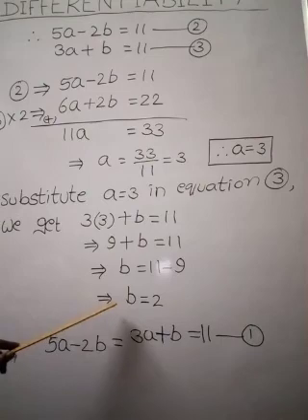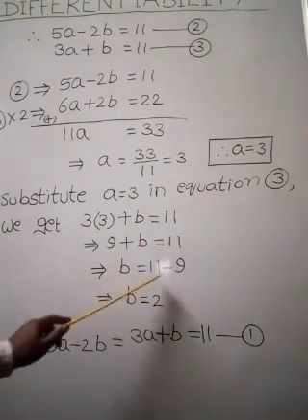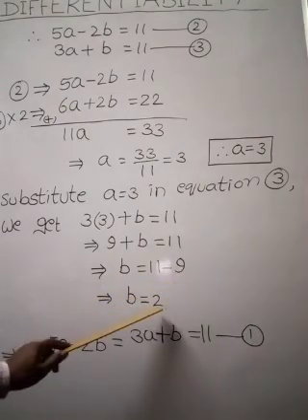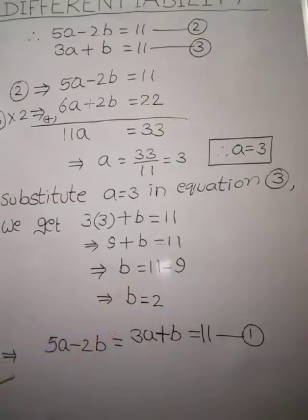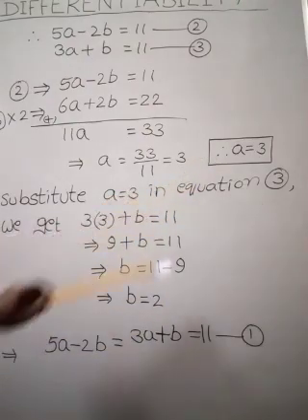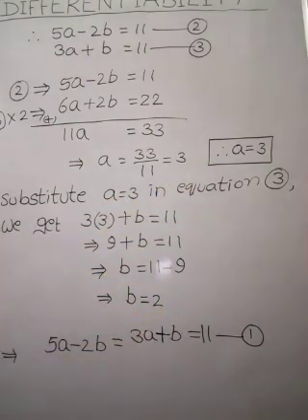Okay, my dear children. This implies b is equal to 11 minus 9. What will you get here? 2. Is it clear, my dear children? Right. So here we got the a value is 3 and the b value is 2. Okay, my dear children, we got the values of a and b here. Right.